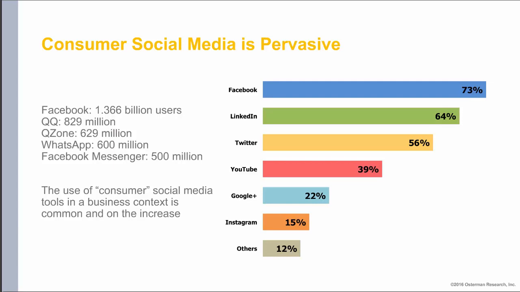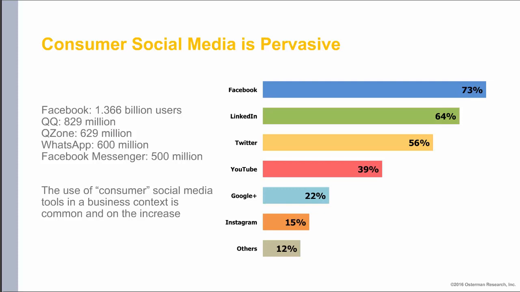What we also find, though, and this came from a recent survey that we did in support of the white paper you can download, is that the use of consumer social media in a business context is really quite common, and it's on the increase. We see a lot of brands, a lot of companies, that will set up a Facebook page, that will have a Twitter feed, that will use LinkedIn in a variety of ways, as well as a variety of other social media tools.